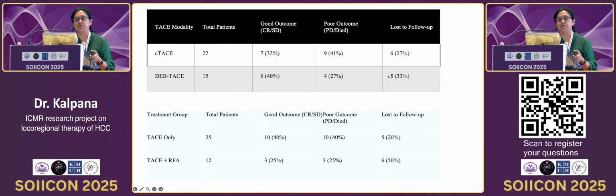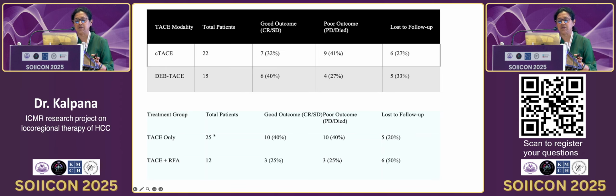So we compared the available patients that we did for conventional TACE or DEB TACE, and we have seen that with conventional TACE, 41% of the patients had a progressive disease or they had died, while 27% of people who went in for DEB TACE had a progressive disease or died, while the good outcome was seen in 32% of conventional TACE and 42% with DEB TACE.